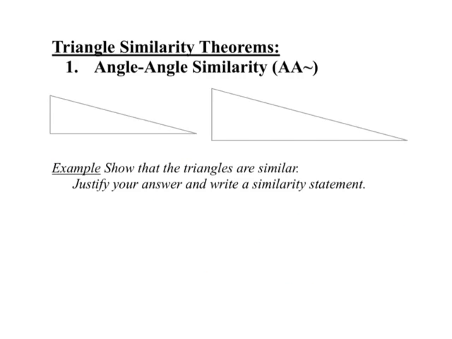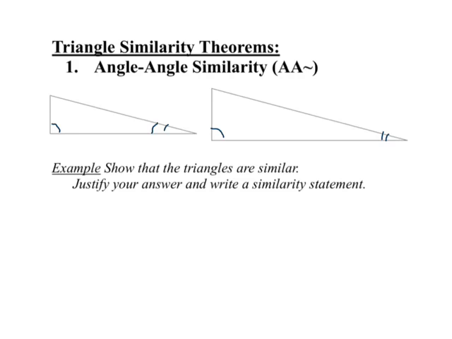So in the past, you've probably learned about some theorems that allow us to tell if triangles are congruent. Congruent means exactly the same. But now we want to know what makes two triangles similar. The first one is angle-angle similarity. And we're not going to take time to prove it here. Actually, this is technically a postulate. And it turns out that if this angle is congruent to this angle, and this angle here is congruent to this angle over here, then those two triangles would have to be similar.